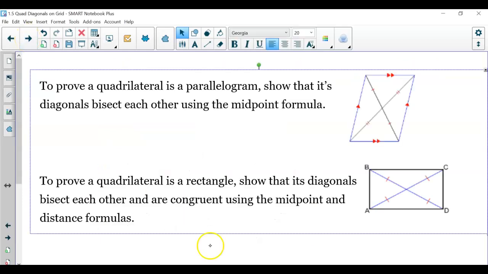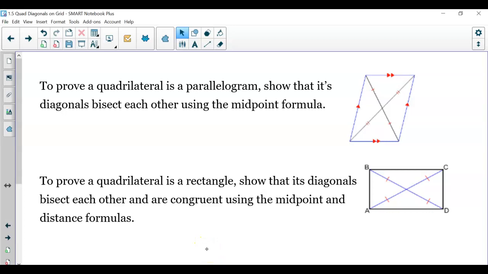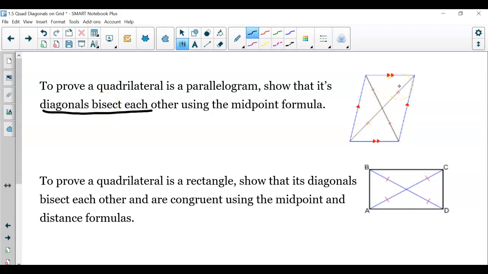So now we're looking at the quadrilaterals, but on the coordinate grid. For example, we know for a fact that no matter what, if we have a special type of quadrilateral, a parallelogram, rhombus, rectangle, or square, you should always have diagonals that bisect each other, cutting each other into two congruent pieces, crossing in the middle, hence using the midpoint formula.